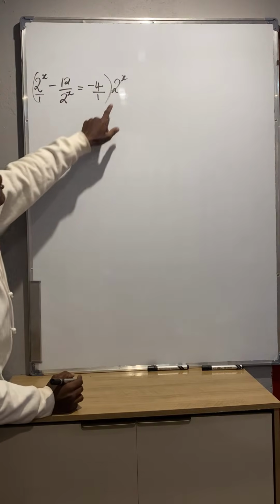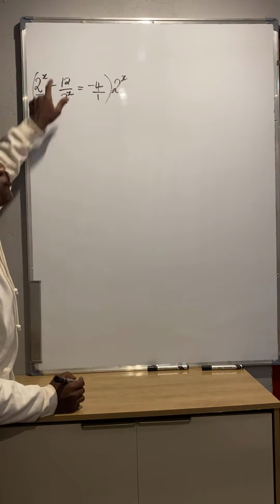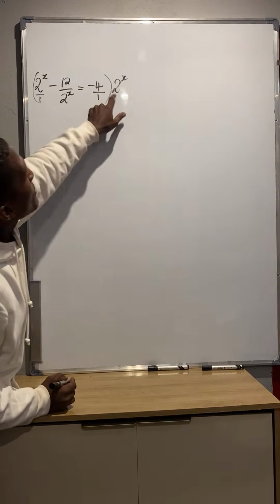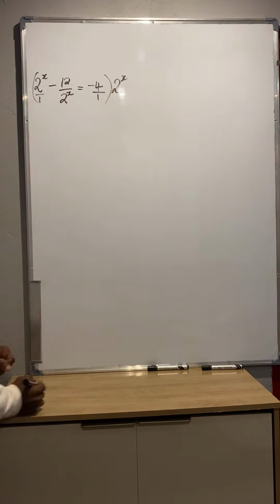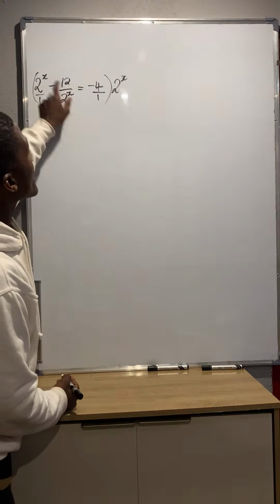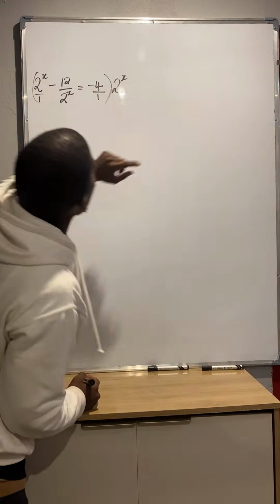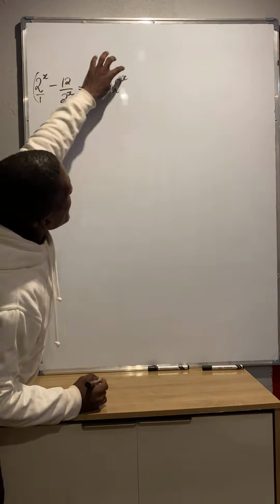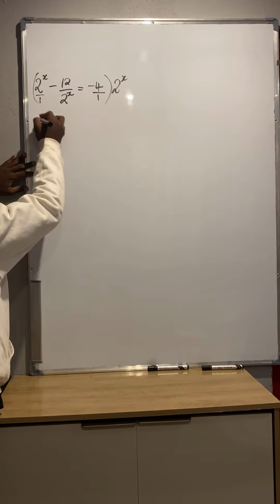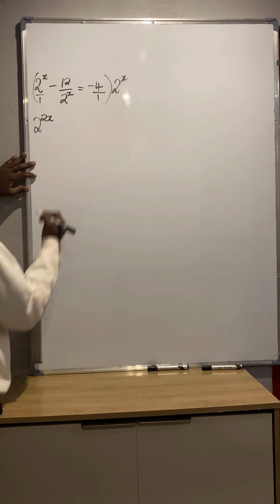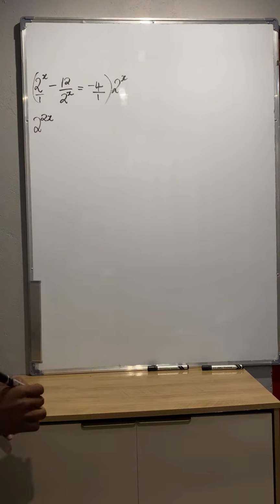Then what happens? 2 to the power of x multiplied by 2 to the power of x. Remember, if you multiply the same base, you add the exponent. So 2 to the power of x multiplied by 2 to the power of x is going to be x plus x, therefore it's going to give us 2 to the power of 2x. That's the first one.